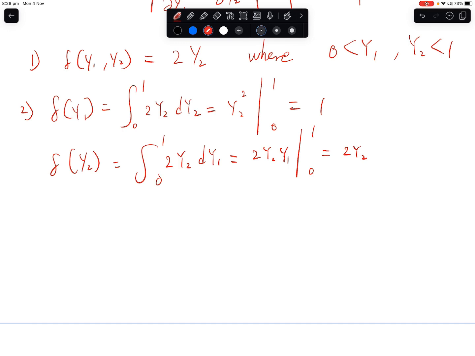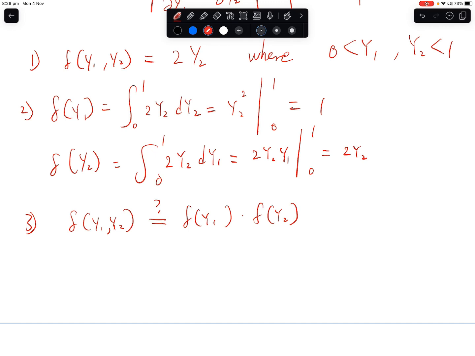Now part C: are they independent? We have to check whether the joint density f(Y1, Y2) is equal to the product of the marginal densities, f(Y1) multiplied by f(Y2).